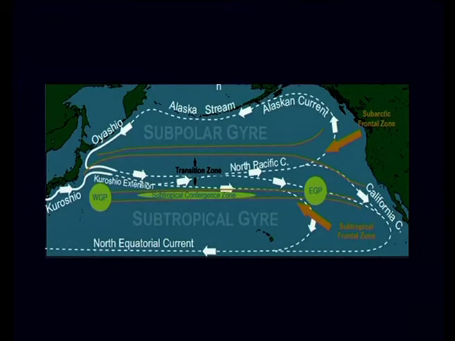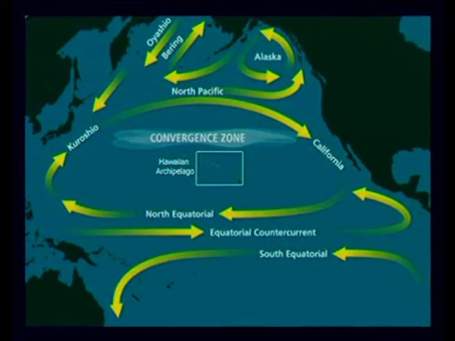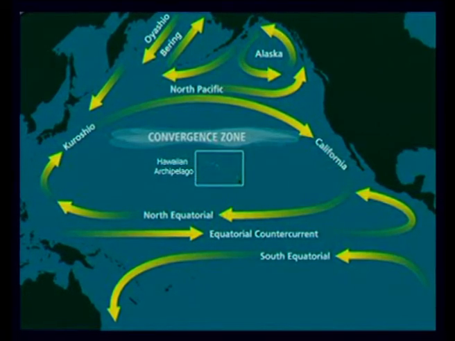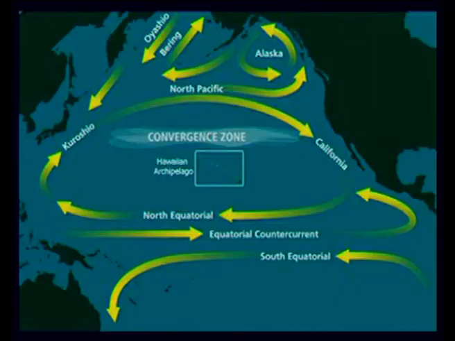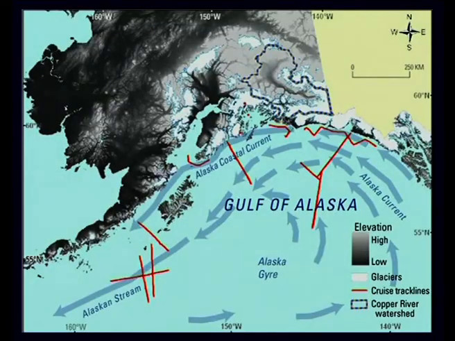This current flows into the North Pacific current, which connects to the cool water California current. The California current flows south along the coast of California to complete the loop. Some North Pacific Current water also flows to the north and merges into the Alaskan Current in the Gulf of Alaska.